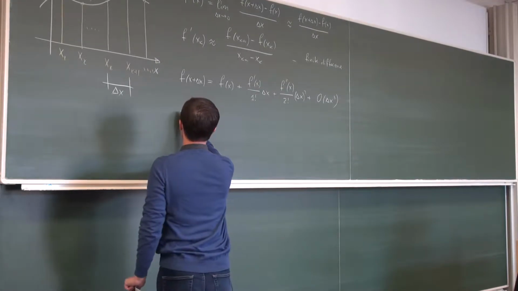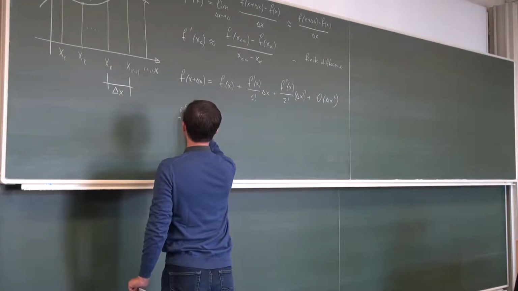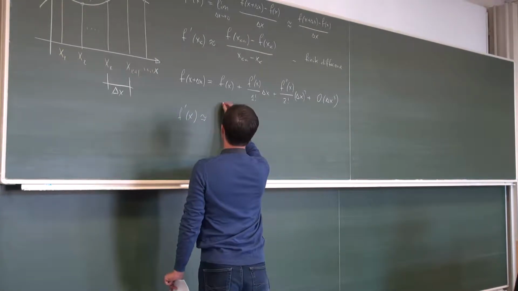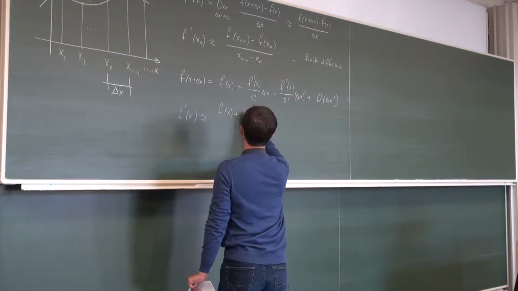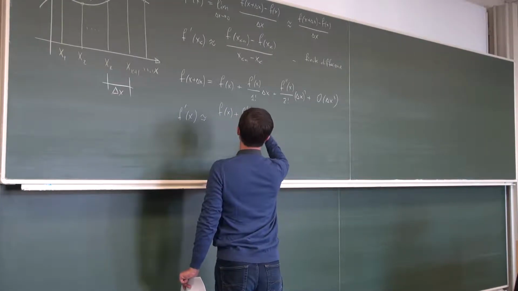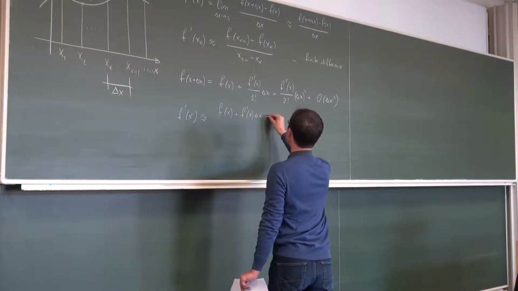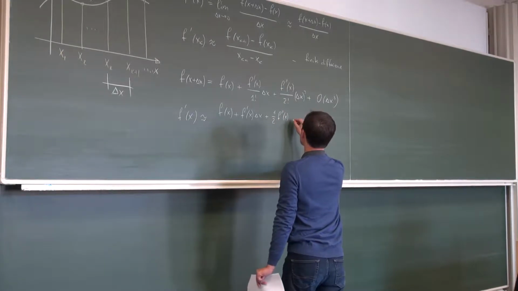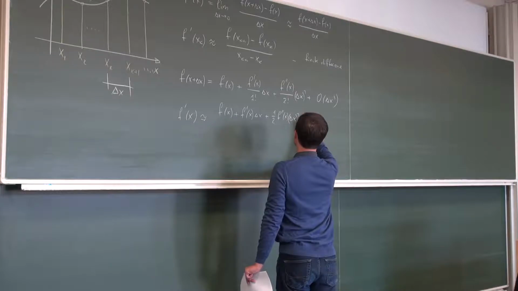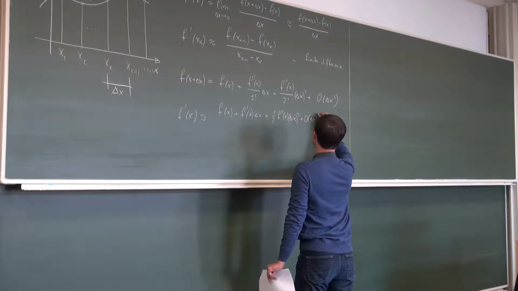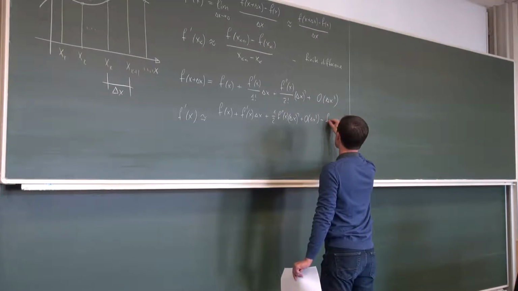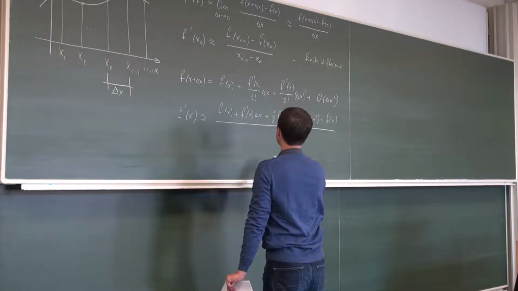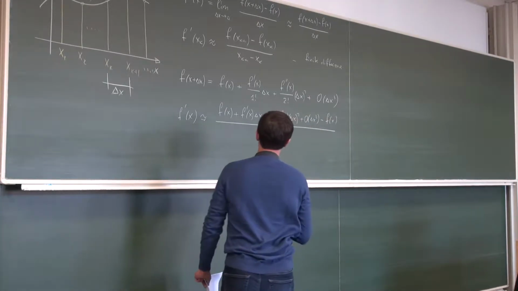So, our f prime of x is approximately equal to f of x plus f prime of x delta x plus 1/2 f double prime of x delta x squared plus order of delta x cubed, minus the original function f of x, divided by delta x.